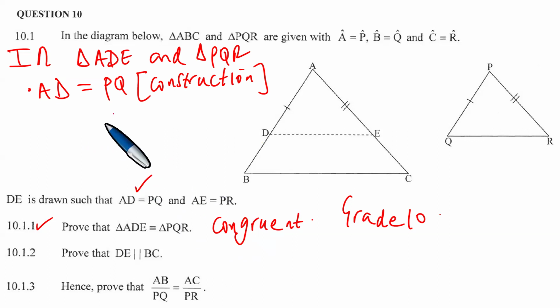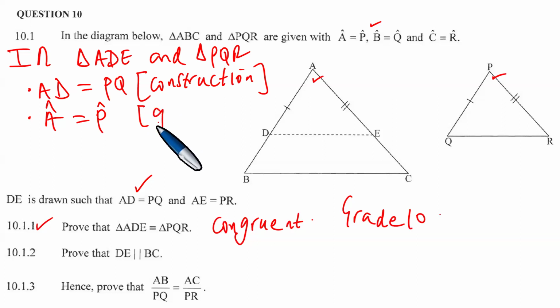So first we know that AD equals PQ, but also we know that the angle A is equal to the angle P. And the reason for this is that it was given. Now we take another side, the side AE.